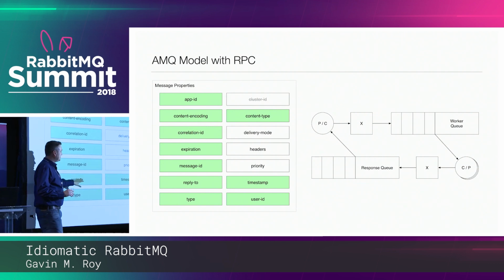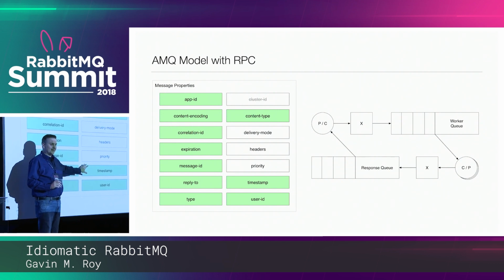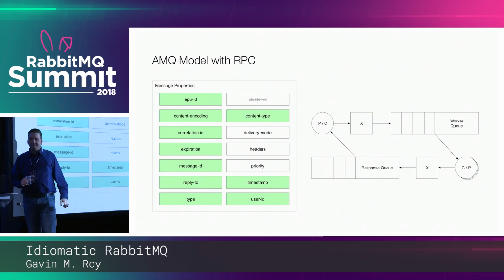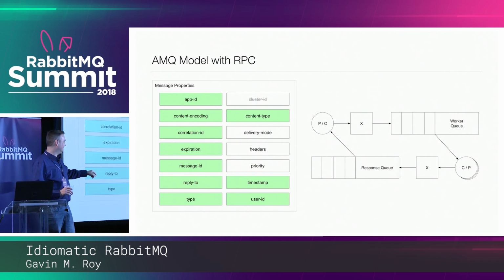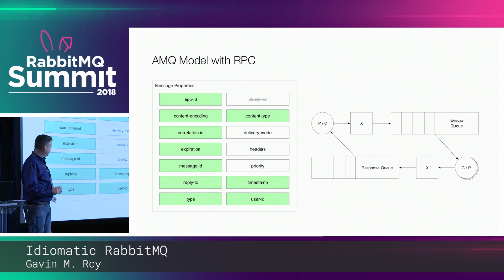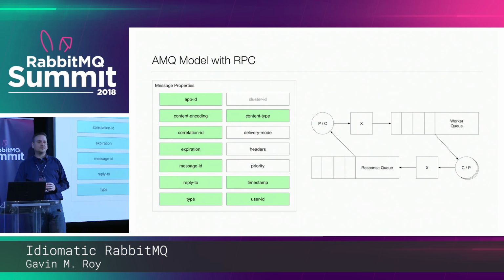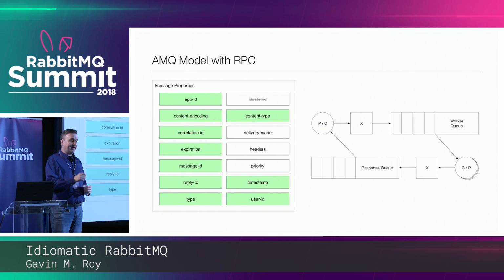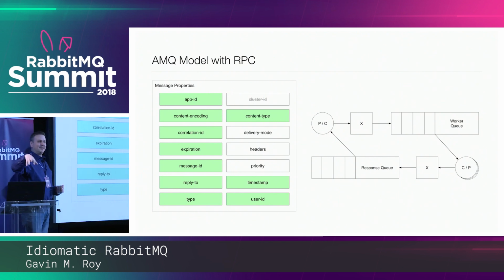I would caution against the use of timestamp to describe data within the payload, and instead, kind of contrary to what I've been saying about everything else, I would use this as an attribute of the message. Type, really important. Even if you're implicitly relying on behaviors in RabbitMQ of saying, hey, I know it's made it into this queue over here, so this is the type of RPC that I'm receiving.